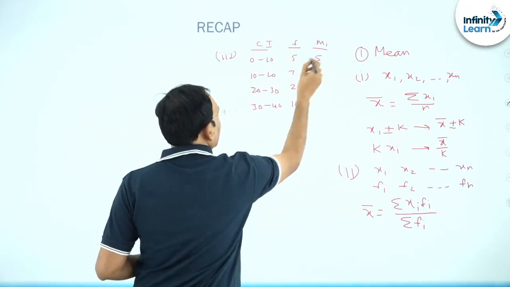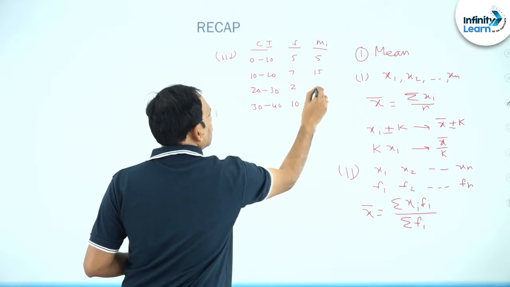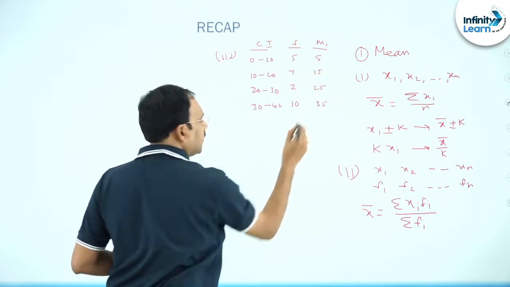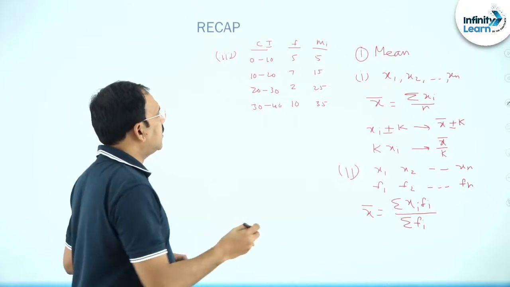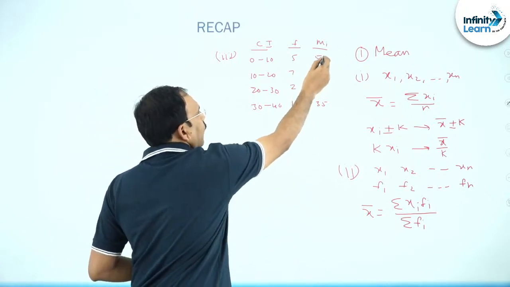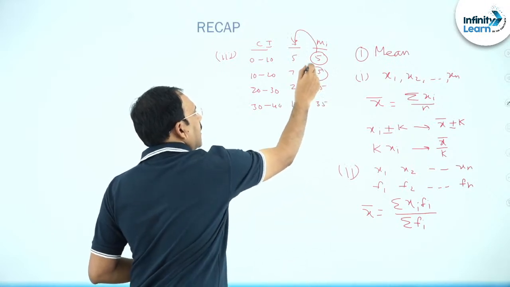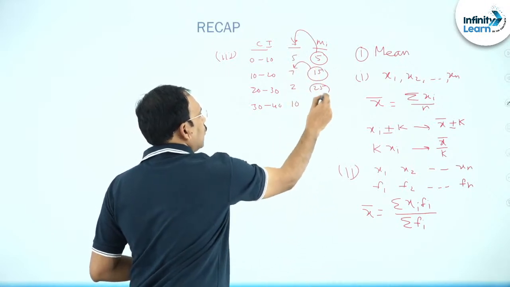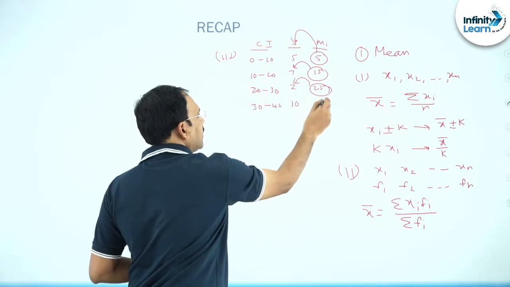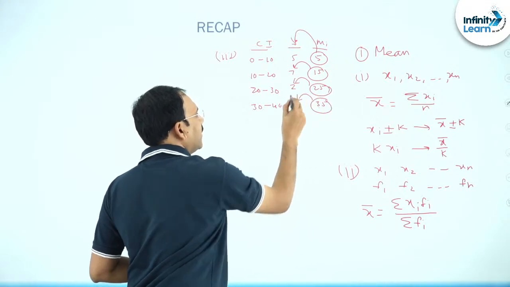So, this is 5, this is 15, this is 25, this is 35. Now, you can just treat it like 5 marks obtained by 5 students, 15 marks obtained by 7 students, 25 marks obtained by 2 students, 35 marks obtained by 10 students.